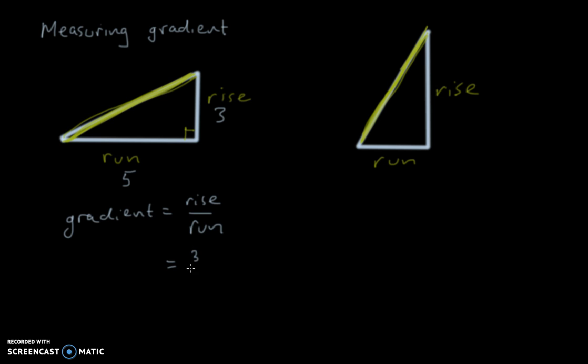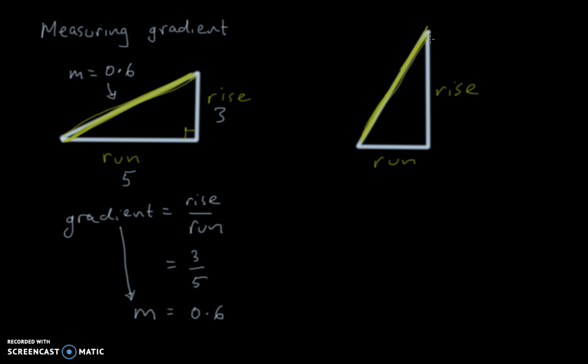And it's 3/5. Go to your calculator, you'll find that out to be 0.6. Now instead of writing gradient down, we often use this symbol, m. m is the same as gradient. So you can say that this gradient here has a value of 0.6.